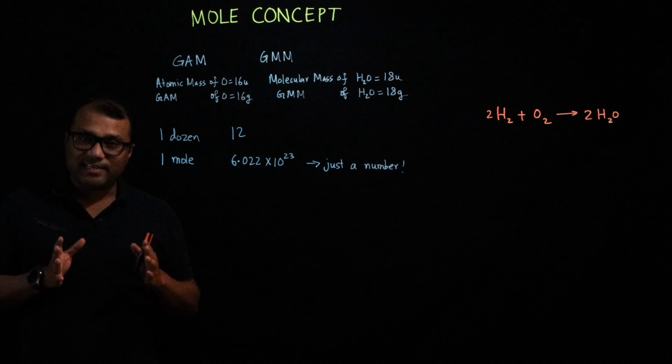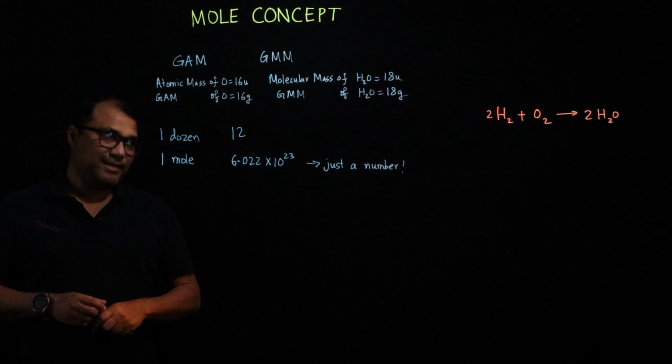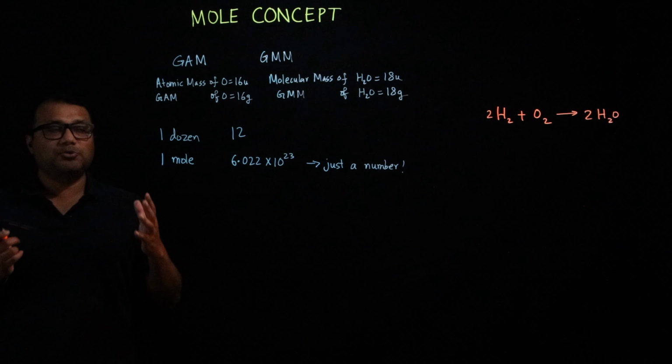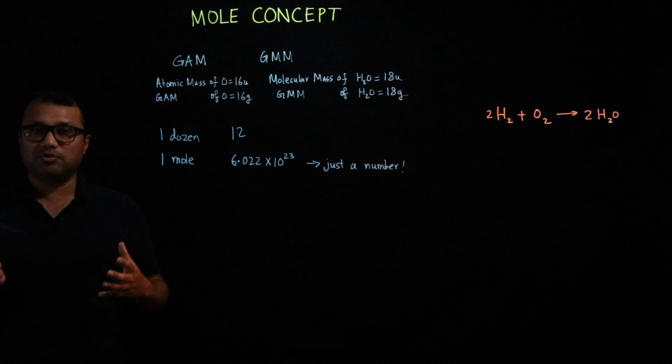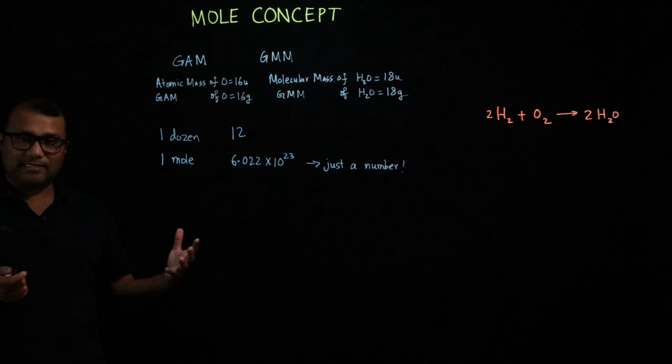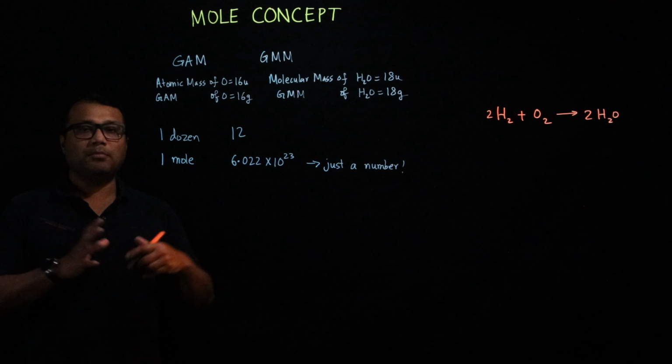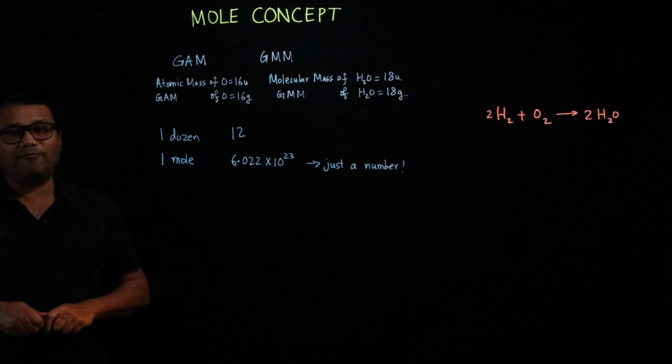It is very hard to see that, it's very hard to measure that. Rather it's much easier to measure, let's say maybe 2 grams of hydrogen combining with X grams of oxygen to form maybe Y grams of water.